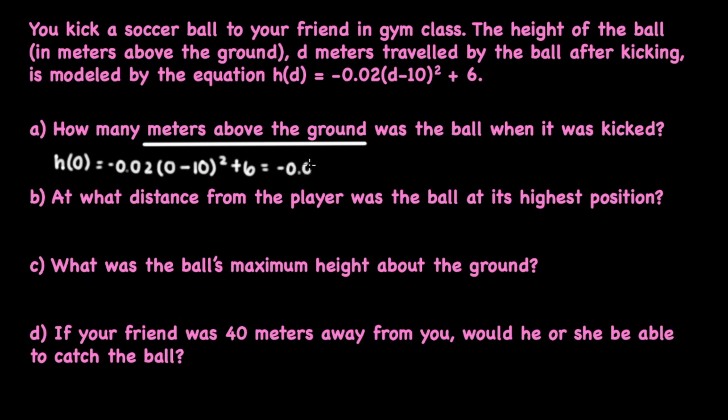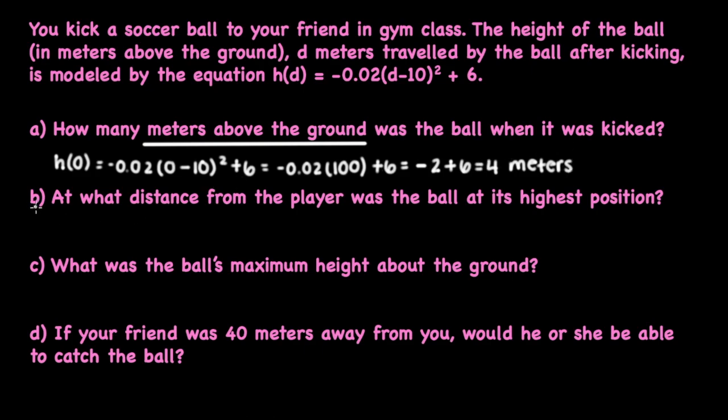So we have negative 0.02 times 100 plus 6. Now, negative 0.02 times 100 is just negative 2, plus that 6 will give us 4. So the ball was 4 meters above the ground when it was kicked.